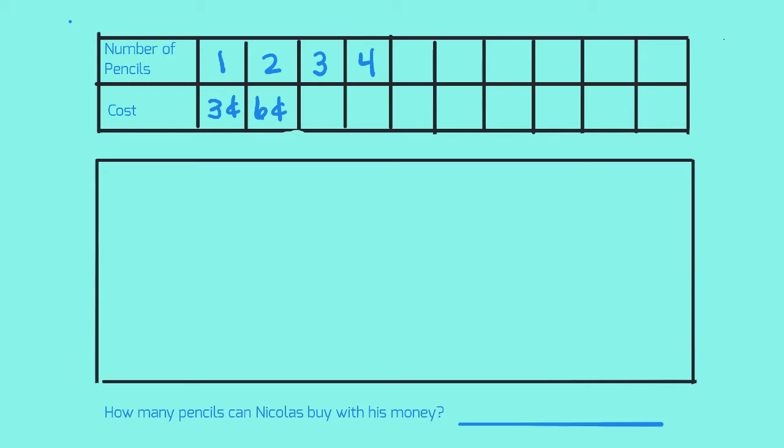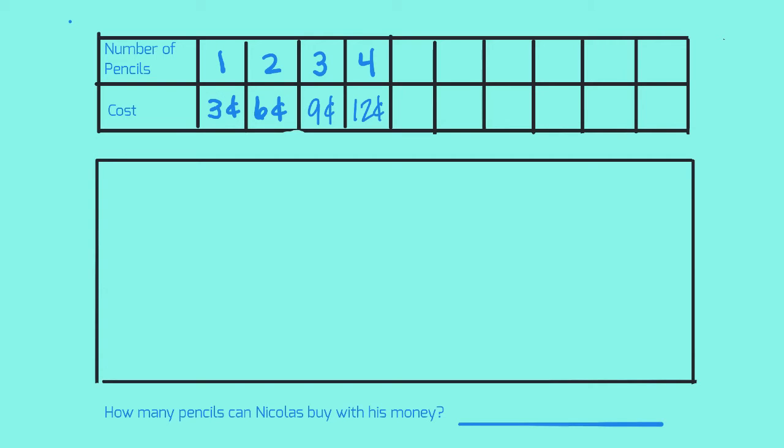Yes, it would cost 9 cents. So we write 9 cents there. So if we had 4 pencils, how much would that cost? Get ready? Yes, 12 cents. All right, you can see we are adding 3 each time we go.